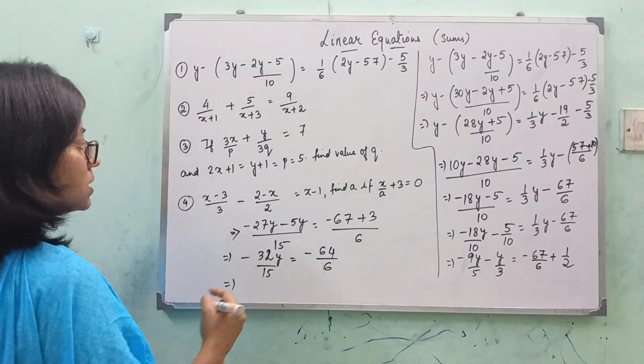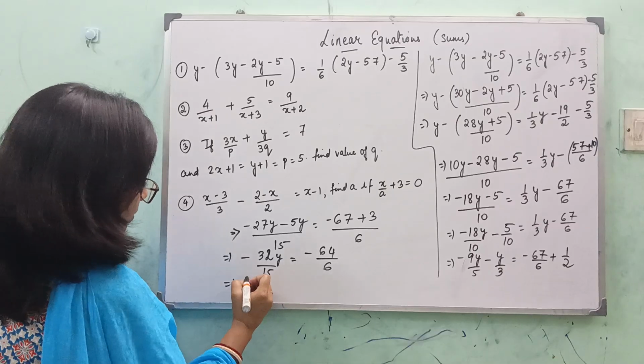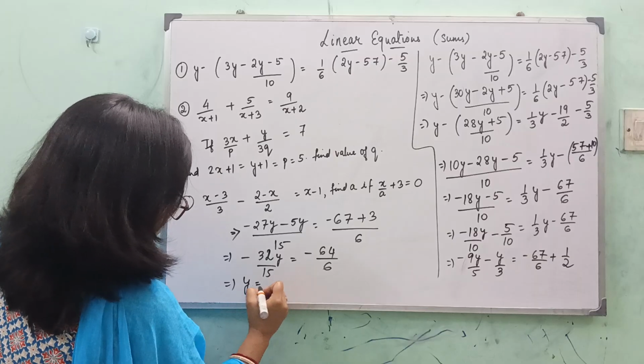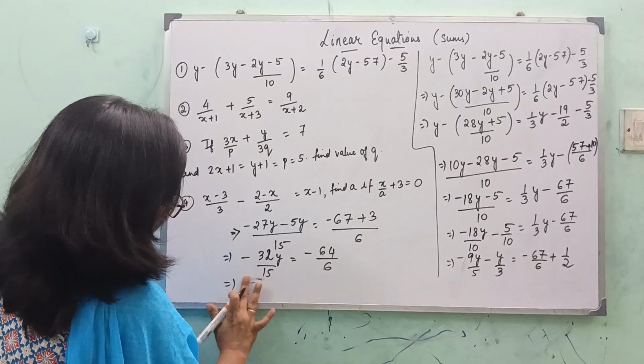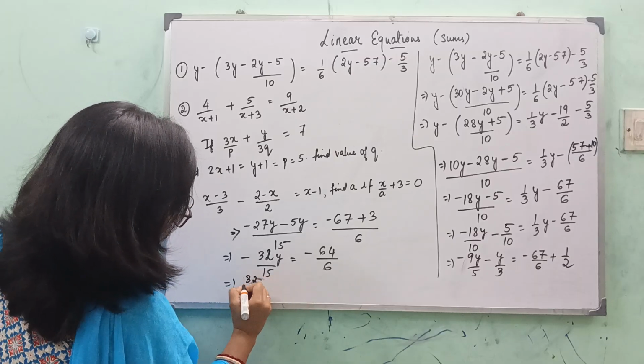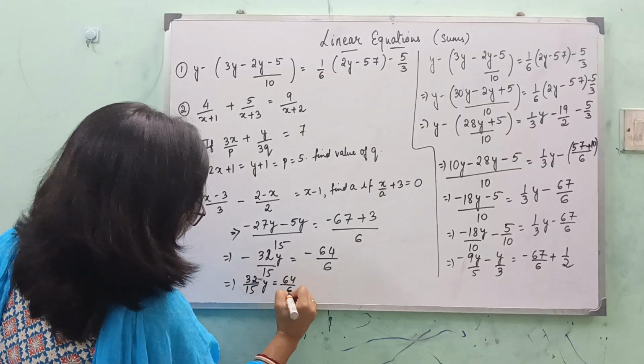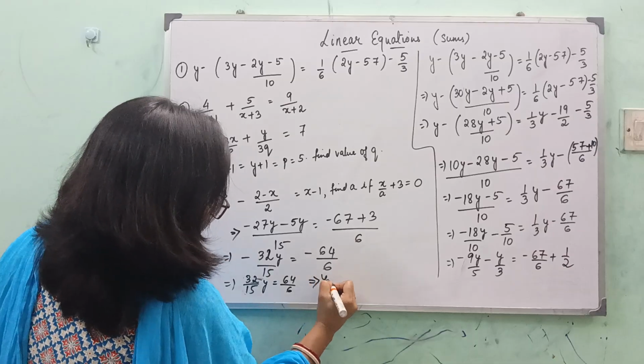Now because both the sides are having a minus sign, we can multiply both sides by minus. So we can write over here, one step you can write, that is 32 by 15y equals to 64 by 6, which implies you have to calculate y.